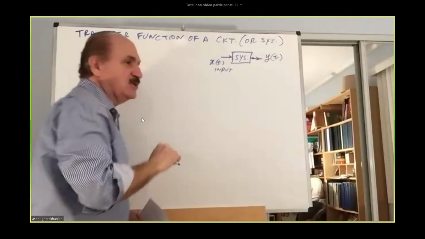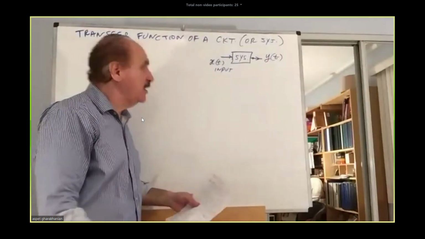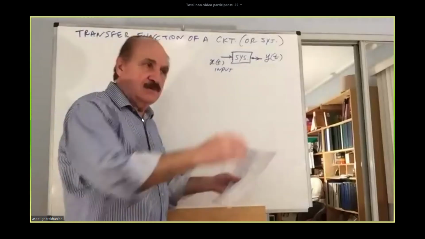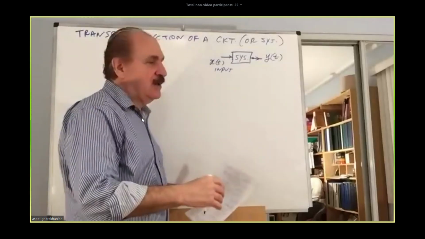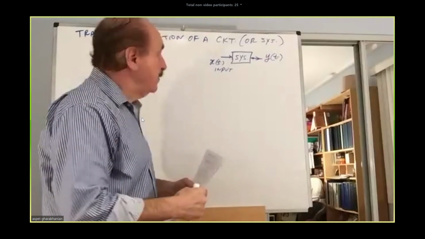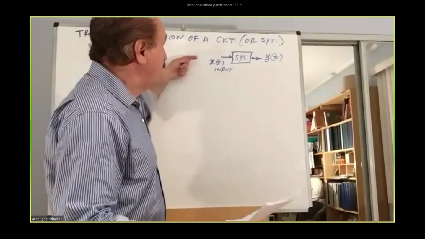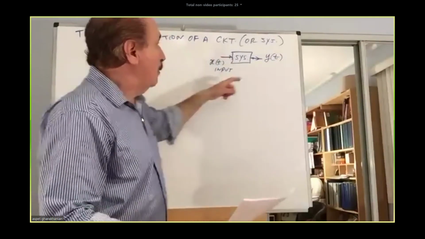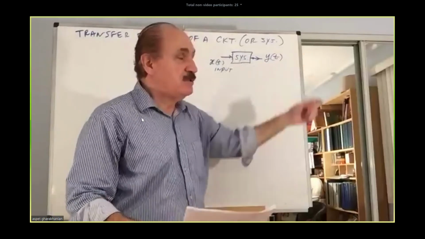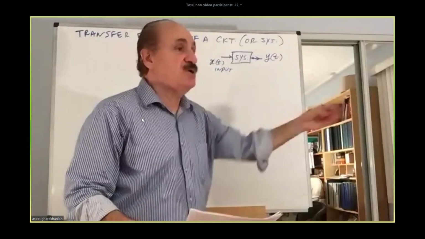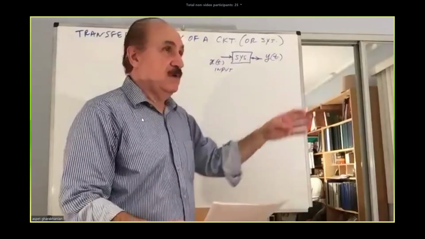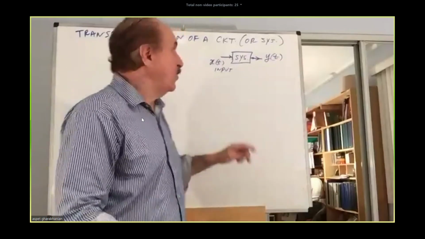Definitely when you put x of t in as a function of time, generally you're going to get a voltage or a current there as a function of time. If it was a mechanical system and you put force into the system, y of t could be a point in the system, for example, the position of an object, or the position of a platform in response to the force.